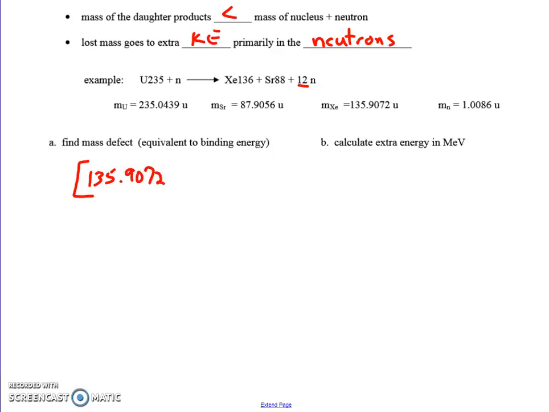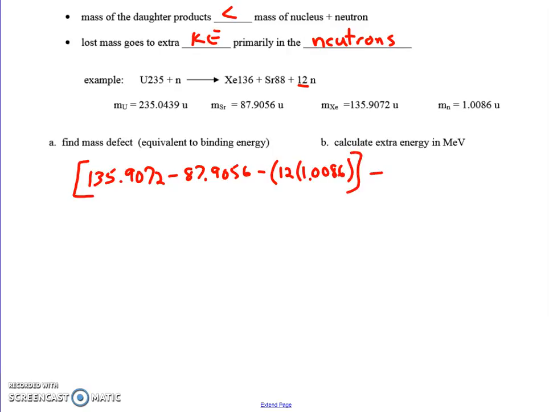I got 135.9072 for the xenon, minus 87.9056 for the strontium, is it? Yep. Minus, now I have to count the neutrons, and I have 12 of them, so minus 12 times 1.0086. Put brackets around that. Why was it a big long one?